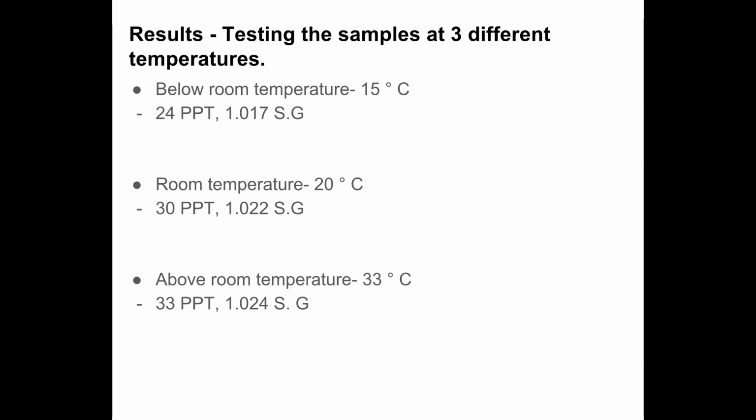Below room temperature, at 15 degrees Celsius, it was 24 parts per thousand and 1.017 specific gravity. And above room temperature, which was achieved using the Bunsen burner, we got 33 parts per thousand and 1.024 specific gravity. Now these numbers are completely different, and we can already make a conclusion from this.